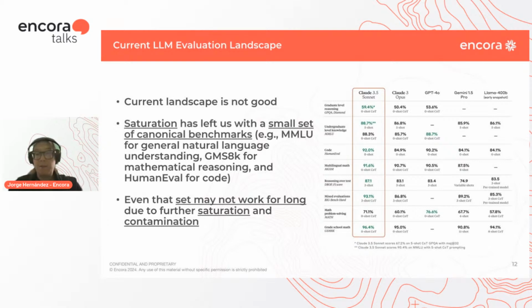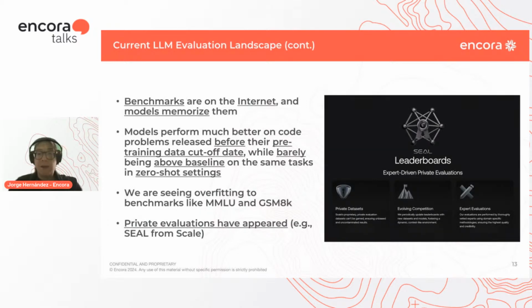Like MMLU for general human understanding, GSM8K for math, and HumanEval for code. And this set is not going to work for long because we've suffered not just from saturation, which means basically that the numbers go so high they pass the exam all the way, and there's no more way to measure how much better a model is beyond that point, but also because of contamination.